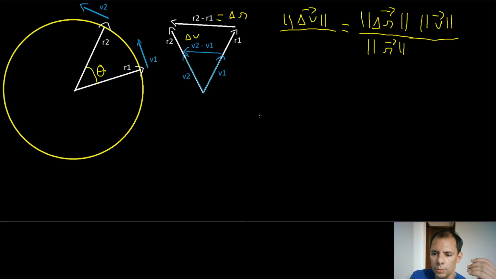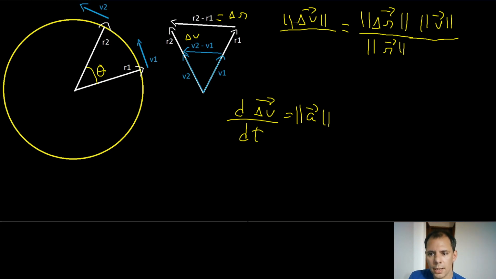So I'm going to take this delta v here and differentiate it with respect to time. That's going to give me the centripetal acceleration vector, and for me to find the scalar of it, I'm going to find the magnitude of it. So first I differentiate and then I find the magnitude.